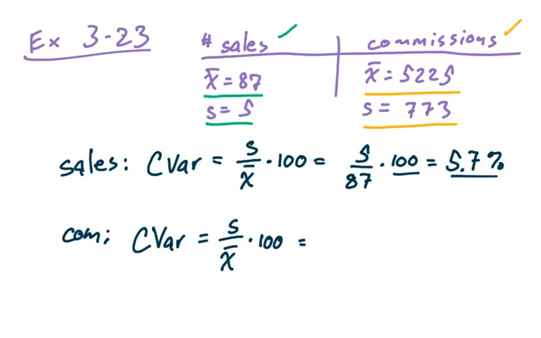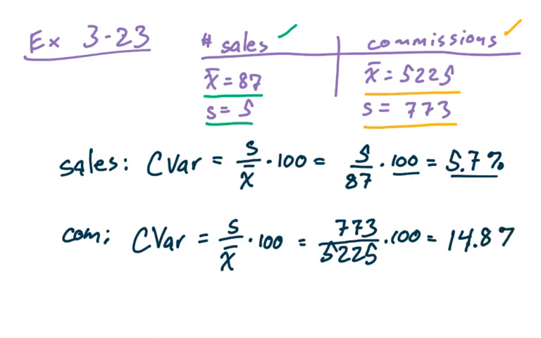And so this will be 773 divided by 5,225, times 100 to convert that decimal that we will get into a percentage. And so that works out as 0.148 approximately. So that is 14.8%.